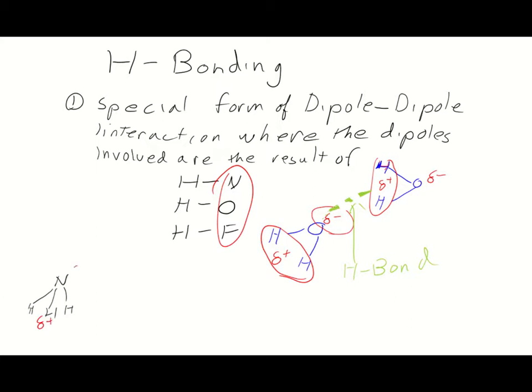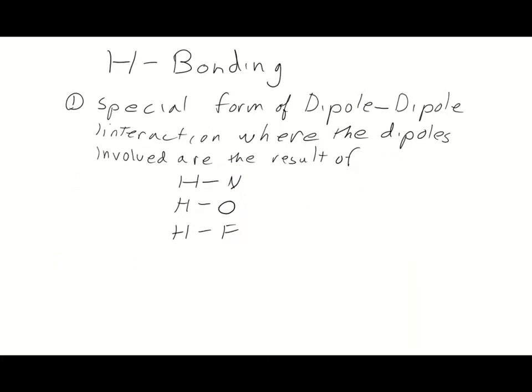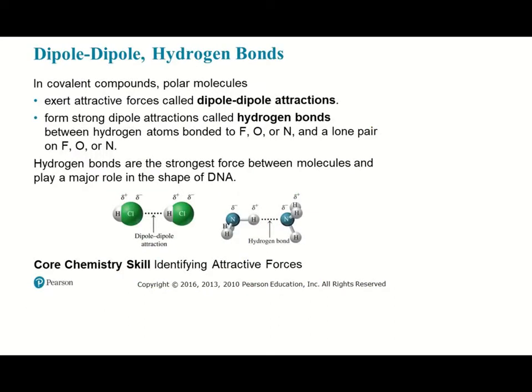Partial positive charge on the hydrogen, partial negative charge on the nitrogen, that force of attraction between these two is a hydrogen bond. Chemistry's easy, life is hard. That's a hydrogen bond. Okay.